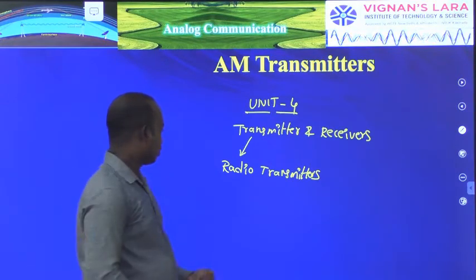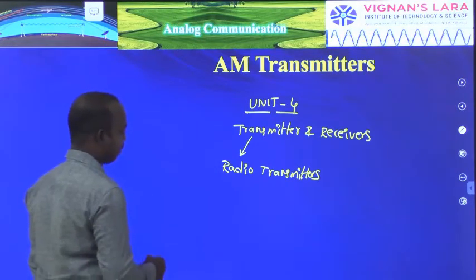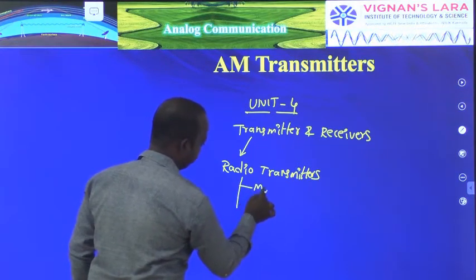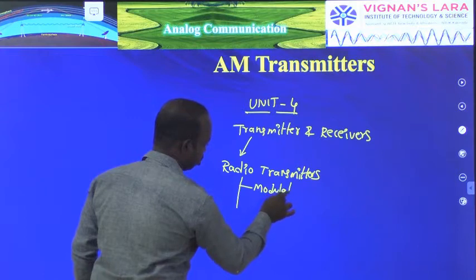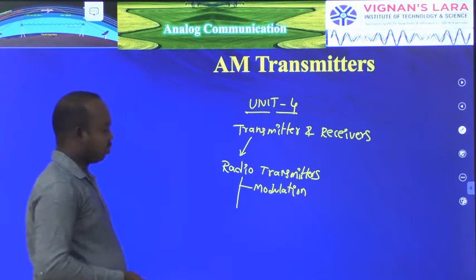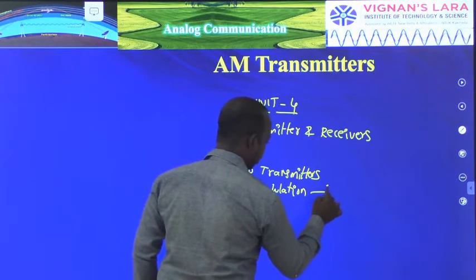The radio transmitters we are mainly classifying based on different parameters, based on the modulation technique. We can classify radio transmitters into mainly three types.